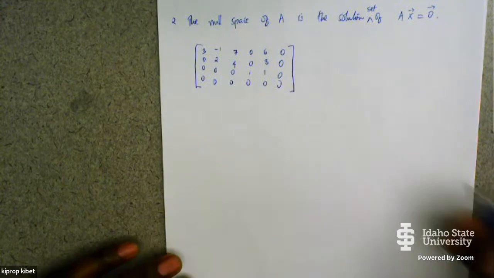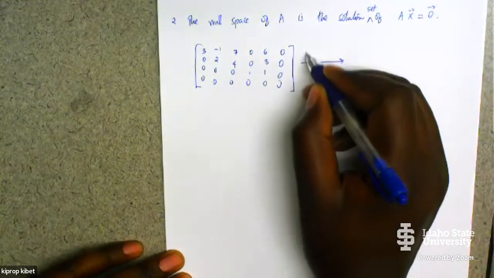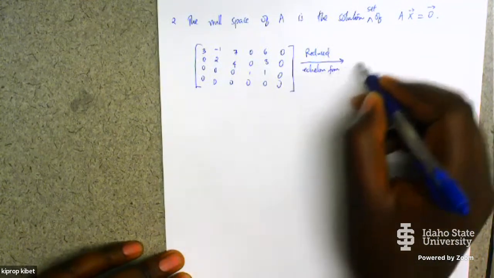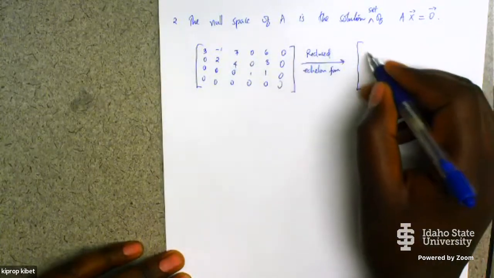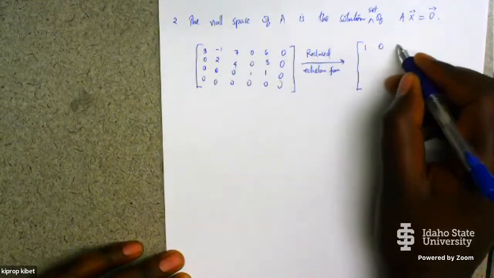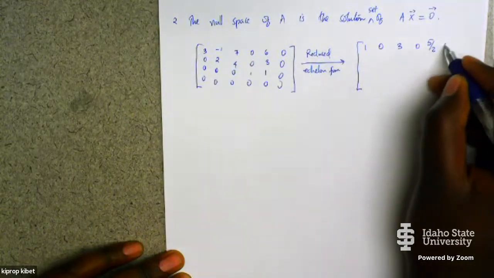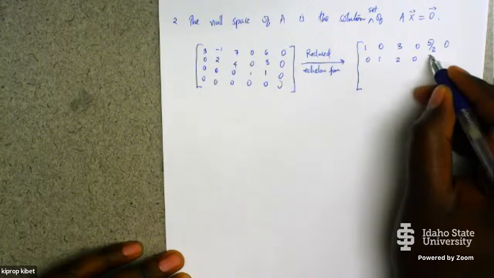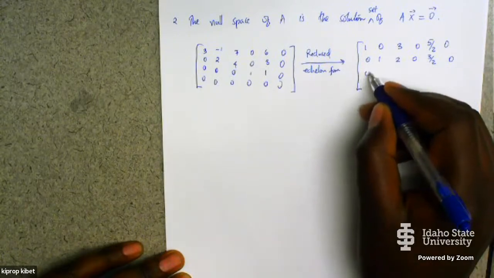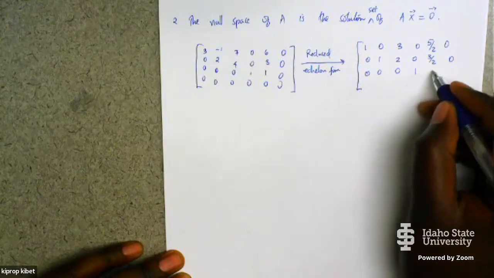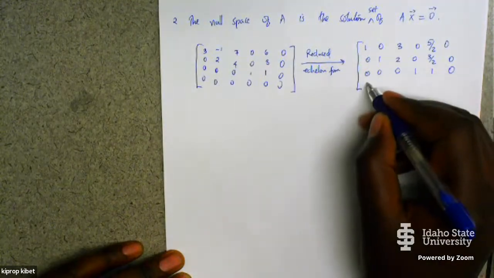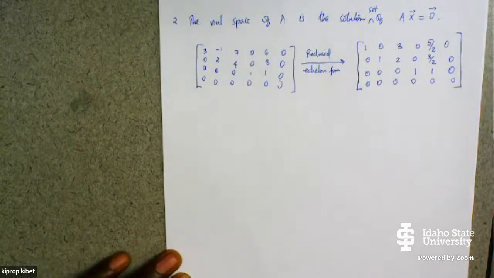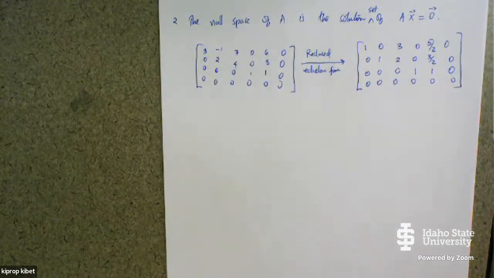Once we reduce this, what you should get is 1, 0, 3, 0, 5 over 2, 0, 0, 1, 2, 0, 3 over 2, 0, 0, 0, 0, 1, 1, 0, and then finally 0, 0, 0, 0, 0. So that is our reduced echelon form.